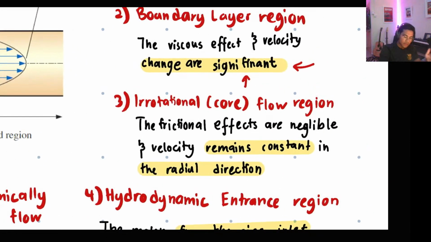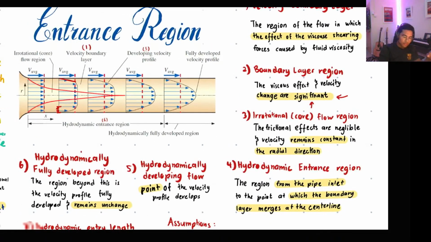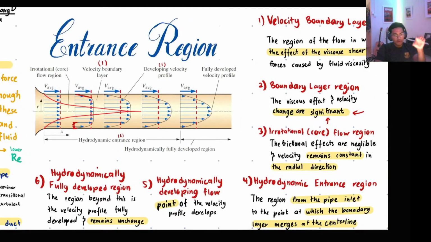Number 3 is the irrotational flow region. What it means is if you observe the pipe from the front, we assume the liquid will not be swirling around in a radial direction.